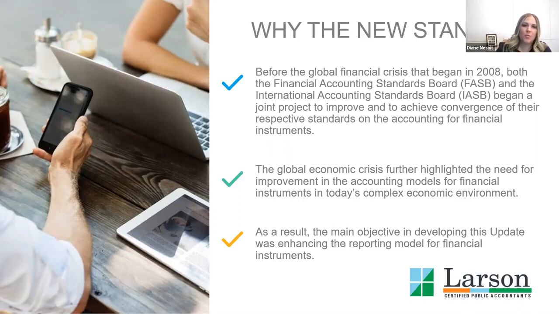So when that global financial crisis happened, it just further highlighted the need for improvement in the accounting models for financial instruments in today's complex economic environment, which is even more complex right now, right? But as a result, the main objective in developing this update was enhancing the reporting model for financial instruments. Next slide.